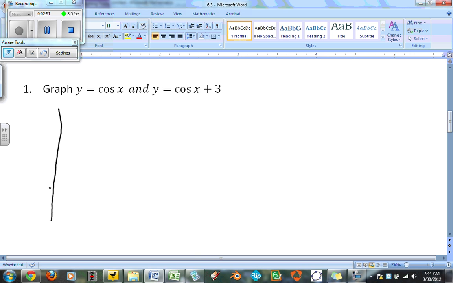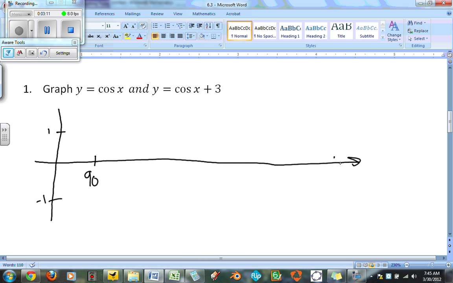So I'm going to draw my x and y axis. We've been through this many times, mostly with sine graphs. Cosine has an amplitude of 1, so it's going to be between 1 and negative 1. Its period is 360 degrees, and if we divide that by 4, we get 90. So every 90 degrees, one of our important points is going to happen.